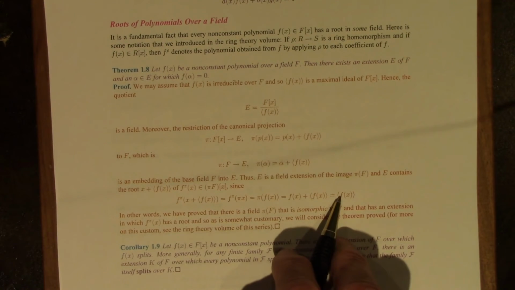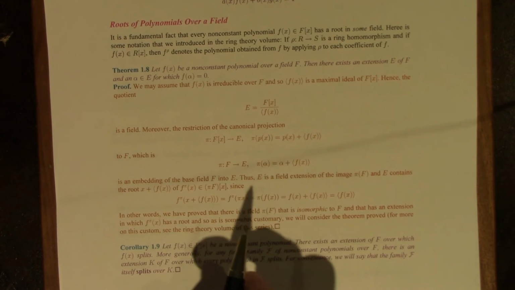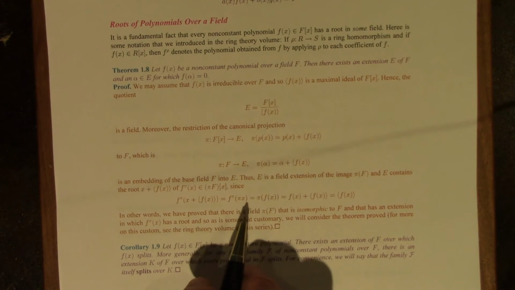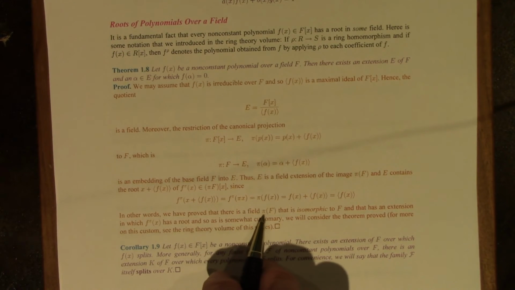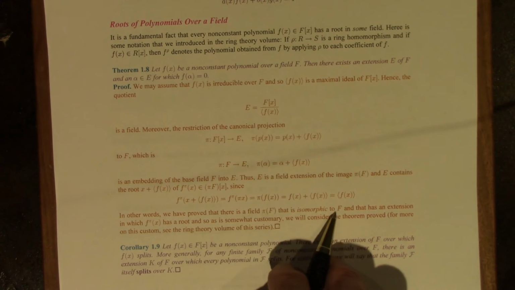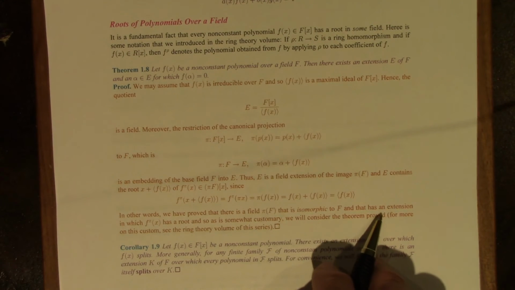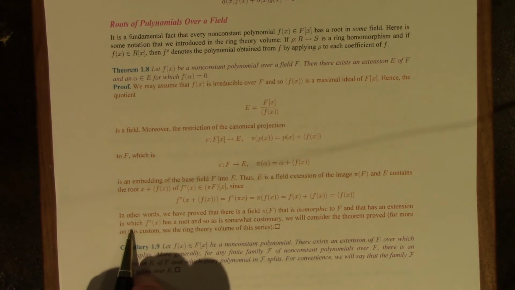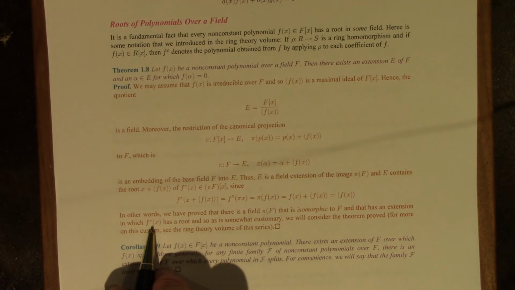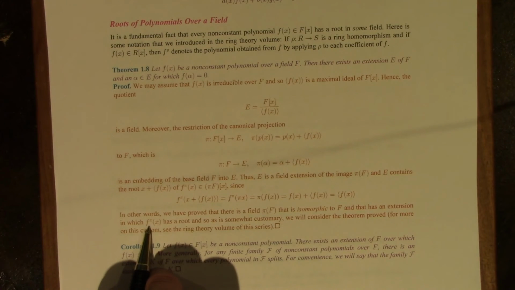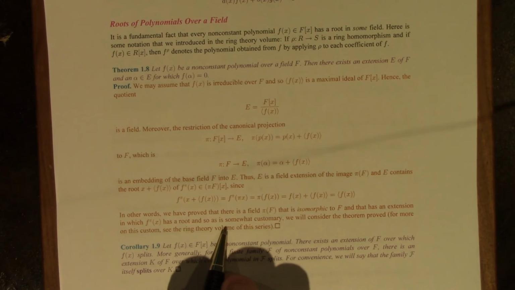And I'll let you go through this yourself. So what this shows is that there is this field pi of F, which is isomorphic to F, and it has an extension E, in which the image of f has a root.